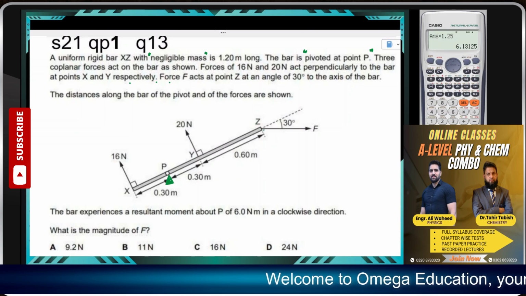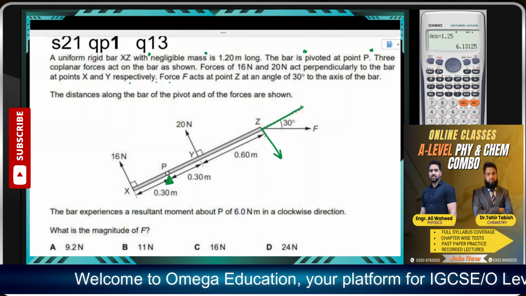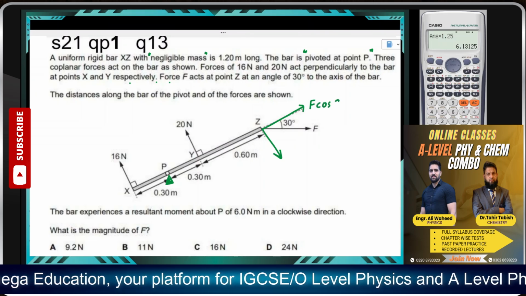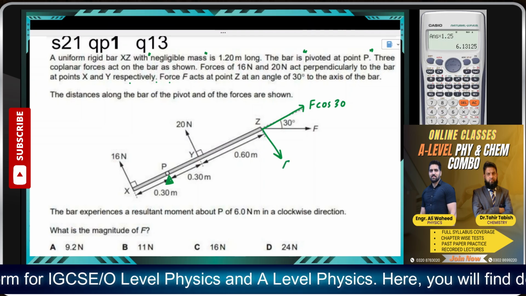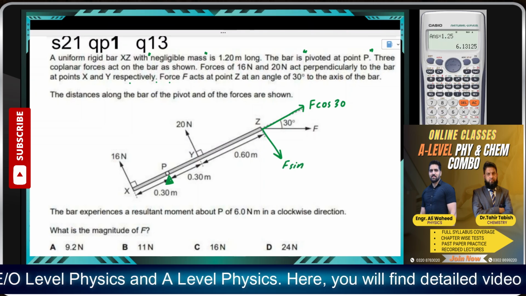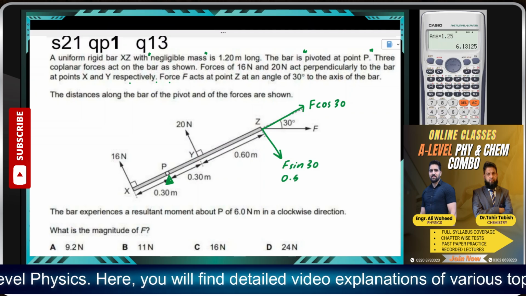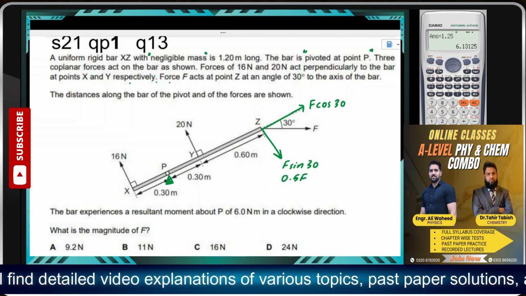One component could be over here and the other component over here. This component would be F cos theta, connected with the given angle. The other one would be F sin theta. And F sin 30 is, by the way, 0.5 F, because sin 30 is 0.5.